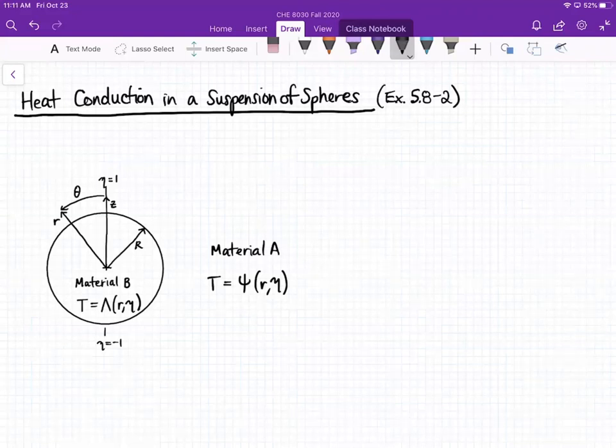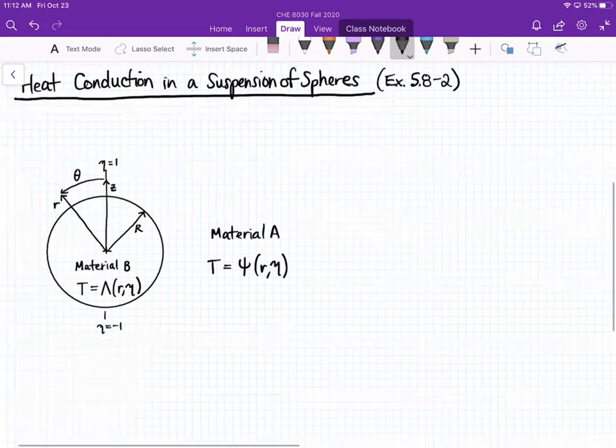Okay, so there is a steady heat flux that results in a uniform temperature gradient G that operates in the Z direction far away from the sphere. And so what we'll see when we get to fluid flow is that this is traditionally referred to as a far field condition because it gives me information far away from my particular control volume, in this case, the sphere.